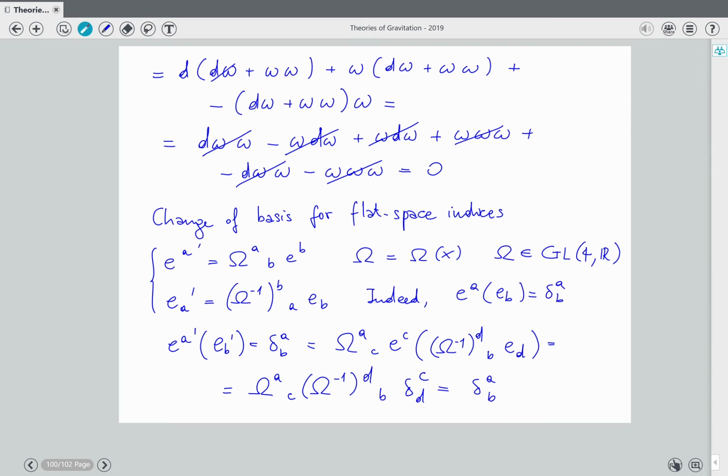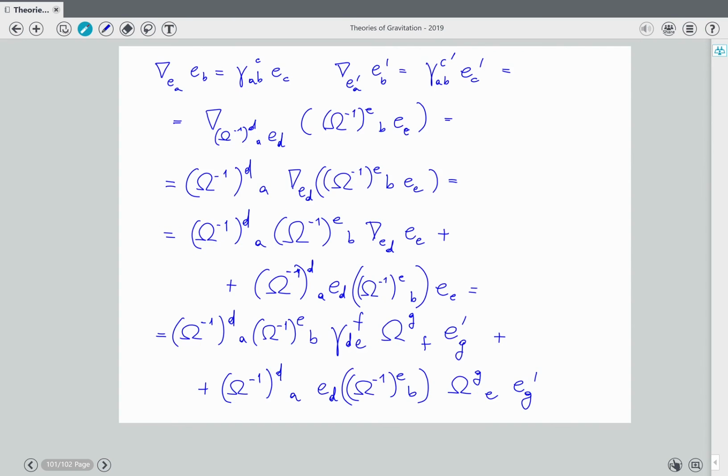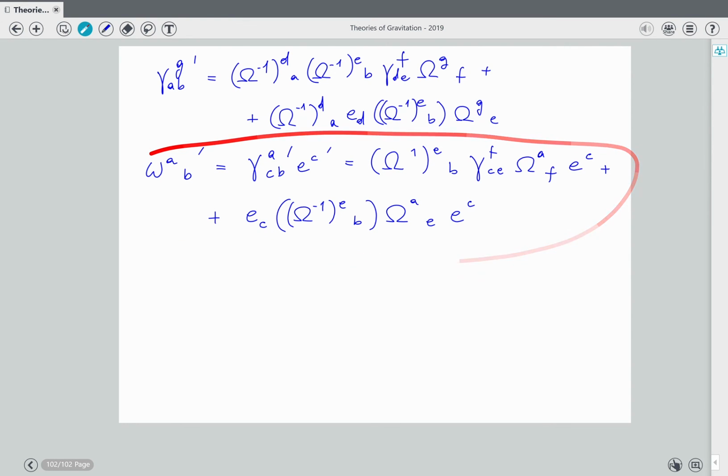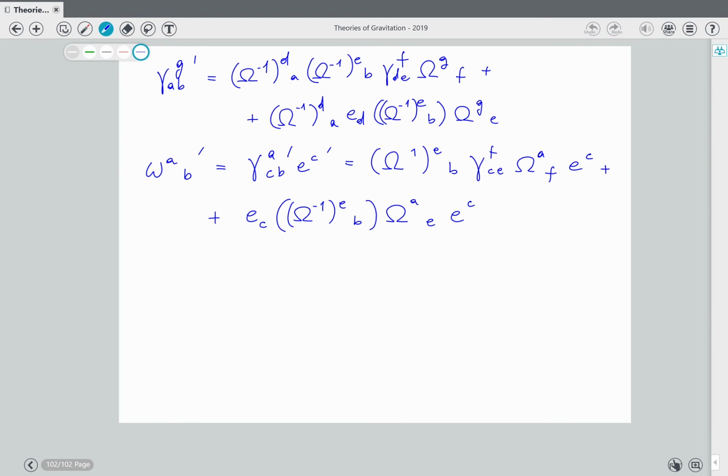So we were considering the transformation of the spin connection, and we got this formula here, which is almost the end, what we want. In particular, observe here that this object is just the spin connection, because E^c is contracted with this index.